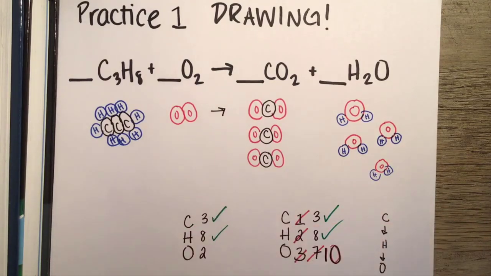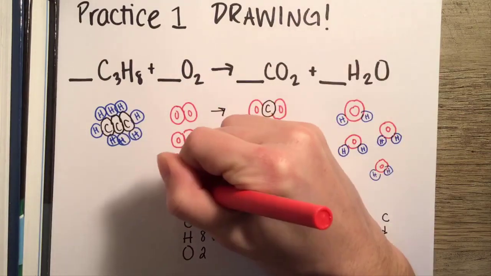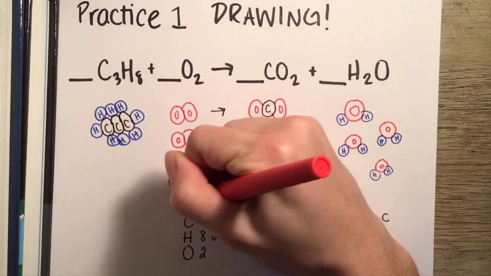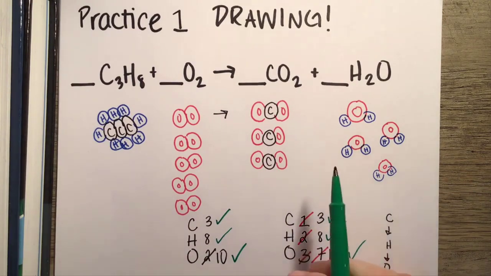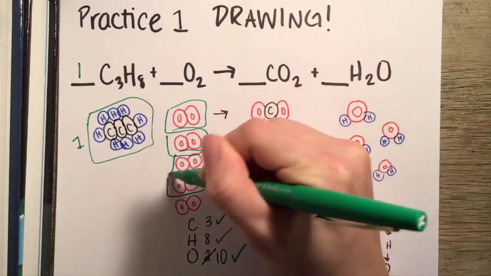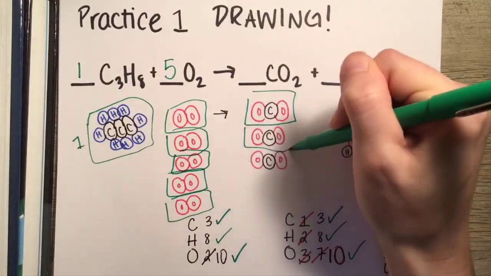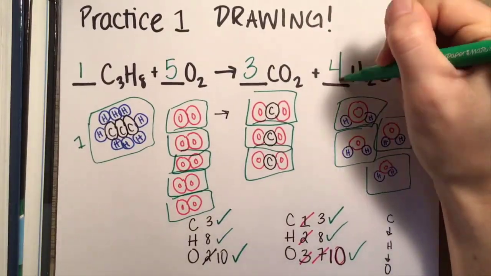So over on my reactant side, I need to keep drawing O2 particles until I get to 10 oxygens. So that ends up being 5 O2 particles for 10 oxygens. Now let me count and make sure, figure out what my coefficients need to be. So I've got 1 C3H8, 5 O2 particles, 3 CO2 particles, and 4 H2O particles.